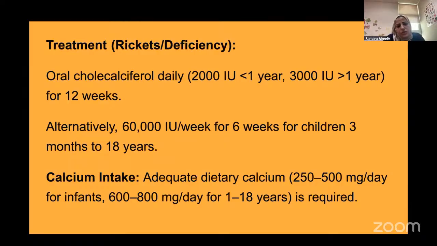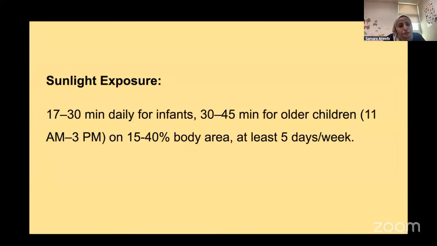Or alternatively, which is less recommended, 60,000 international units per week for 6 weeks. It also advises adequate dietary calcium, 250 to 500 milligrams per day for infants, and 600 to 800 milligrams per day for 1 to 18 years. Sunlight exposure, like we mentioned.